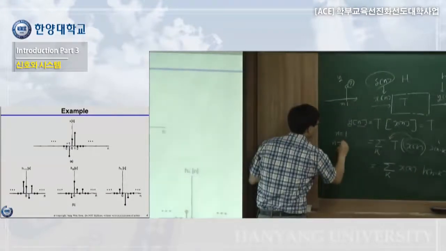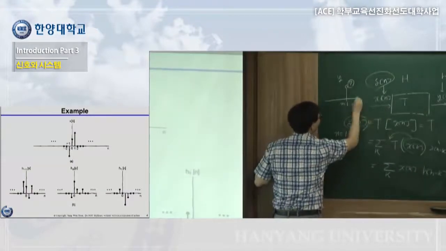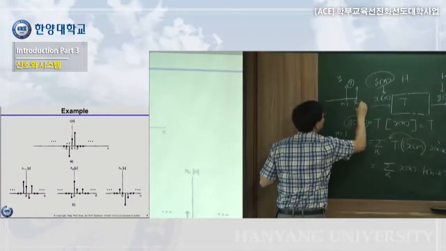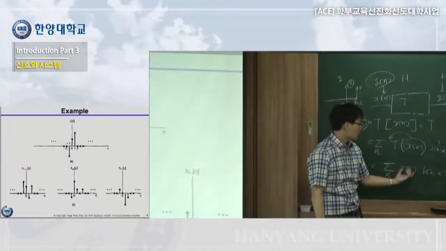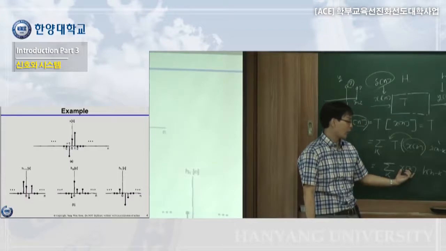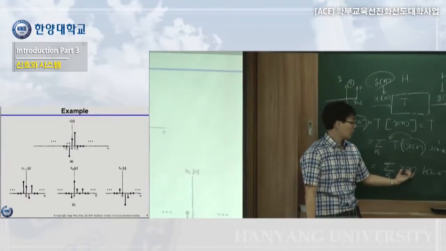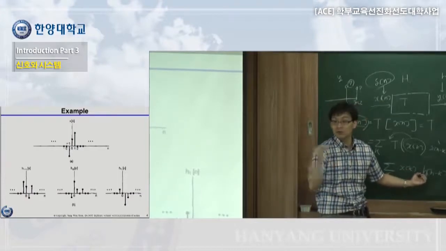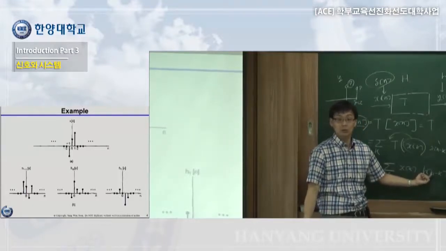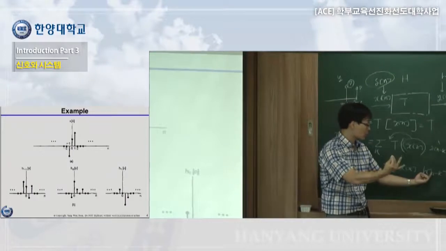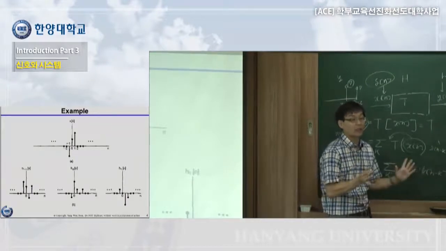To find y[2], when n equals 2, what is this value? Even though n changes, x doesn't change, but h should shift because n should be 2 instead of 1. So they shift, multiply them together and add them together.